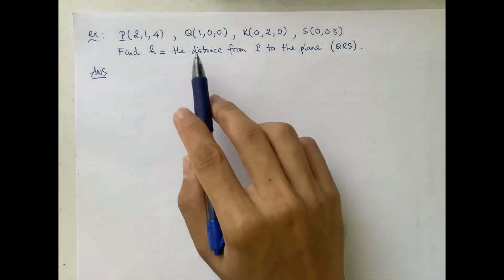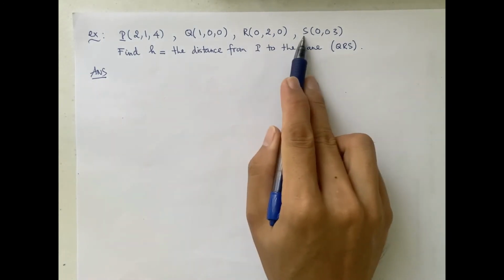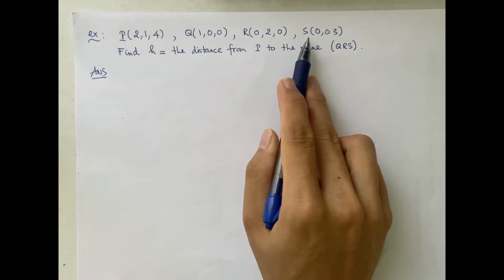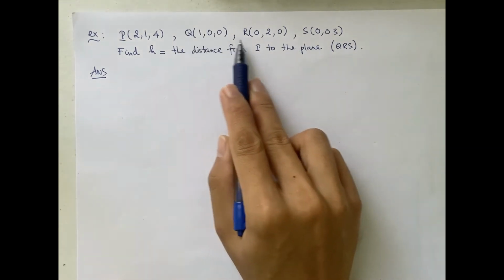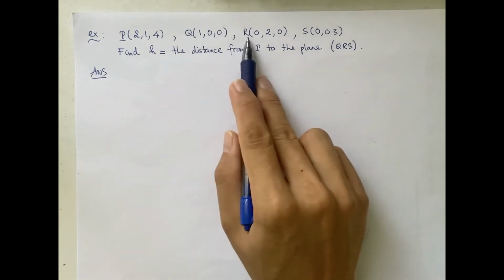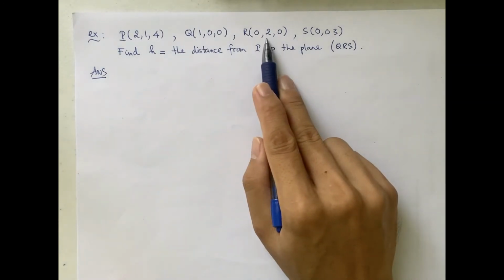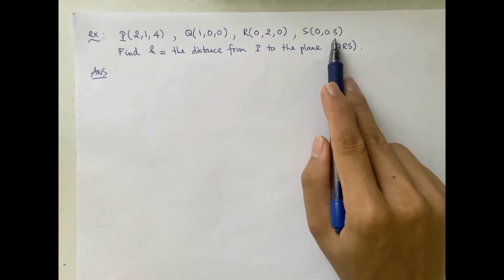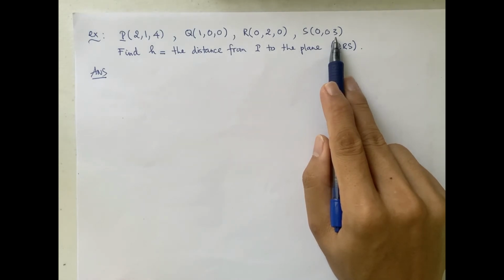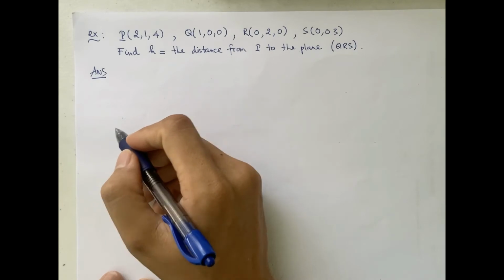Alright, first of all, if you look at the 3 points Q, R, and S, you know immediately that the 3 points cannot be on the same line, because this is on the x-axis, this is on the y-axis, this is on the z-axis. So if you have 3 points that are not on the same line, they always create a plane through them.